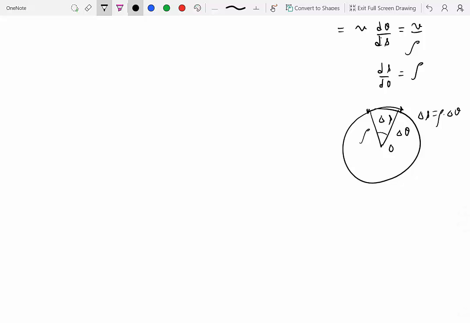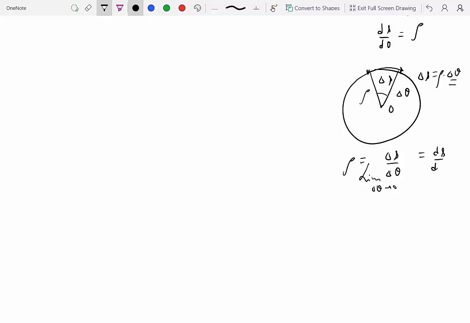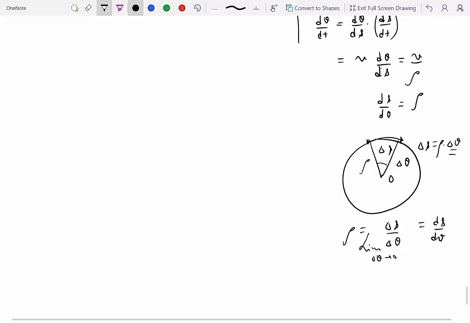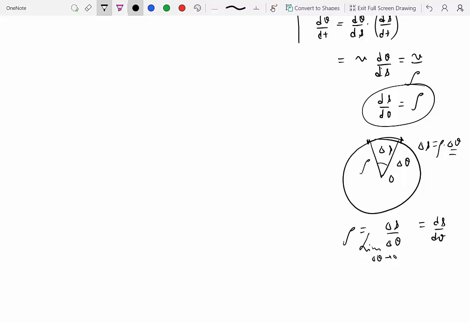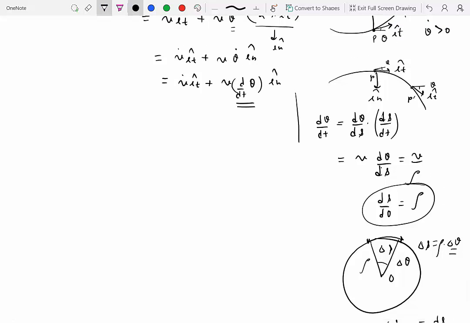So in the limit when delta theta goes to 0, you can write rho equal to delta s over delta theta, and this becomes ds over d theta. And that's the relationship we are using over here. This is not without a lot of rigor, but that's the general idea. So ds over d theta is radius of curvature.